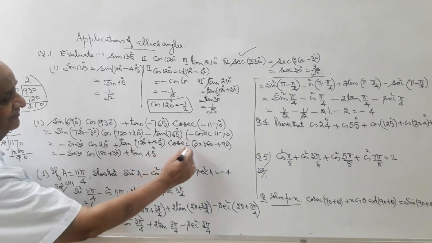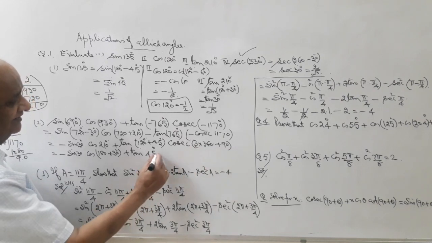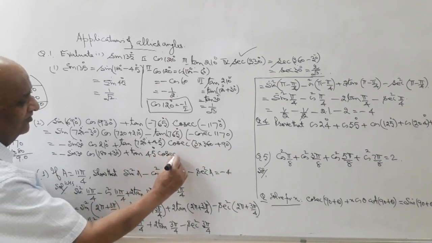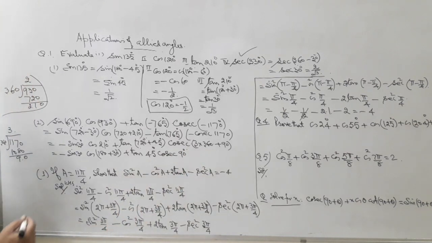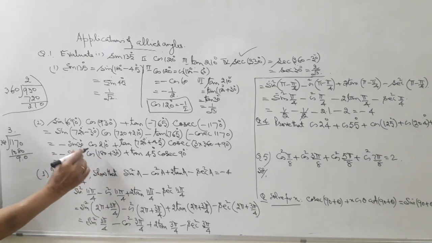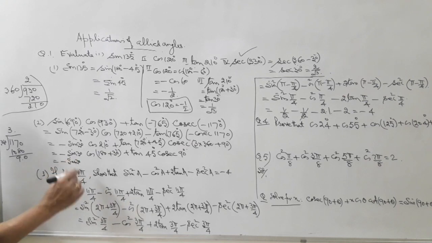Cosecant of 360, 3 means 3 revolutions, that is into cosecant of 90 degrees. First quadrant again we can say. So it becomes minus sine 30, cos 180 plus theta, third quadrant, minus cos theta, minus cos 30.